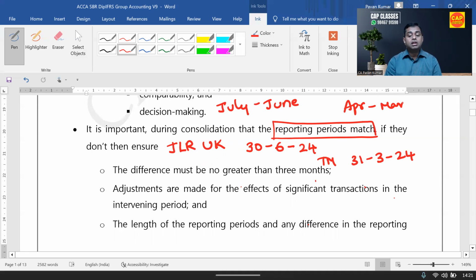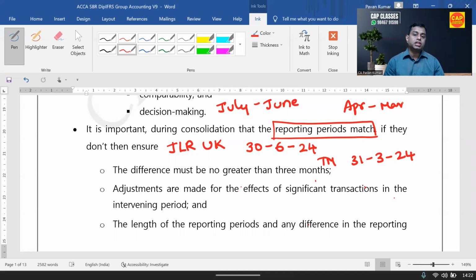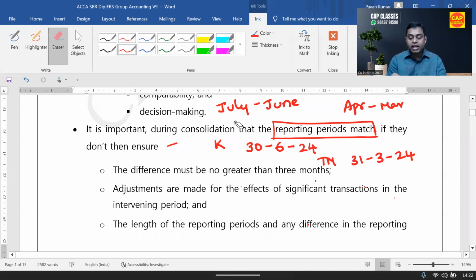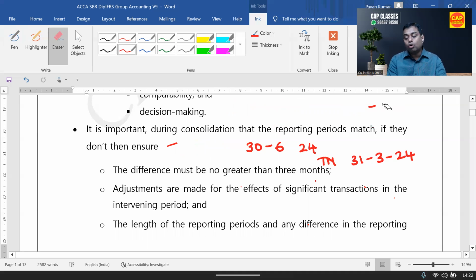So there are two entities. One entity is having an April to March financial year. Another entity is having a July to June financial year. How will I consolidate? The reporting periods are different. The financial year is starting on so-and-so date, ending on so-and-so date, which is different. Ideally, subsidiary company has to follow holding company reporting period.